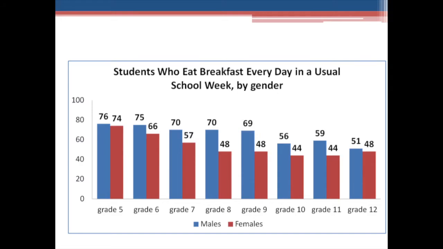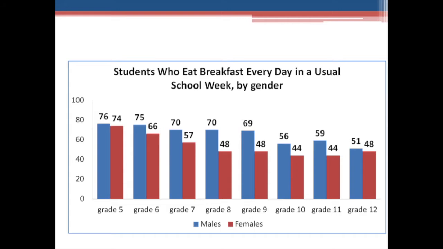So here, let's, time-wise, I'll try not to take so long. Students who eat breakfast every day in a usual school week. We know there's good solid data. If children eat breakfast, their ability to do well in school, there's a direct relationship. So overall, 59% of PEI students eat breakfast every day. 59.